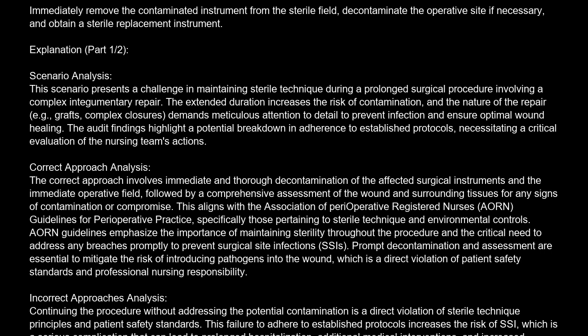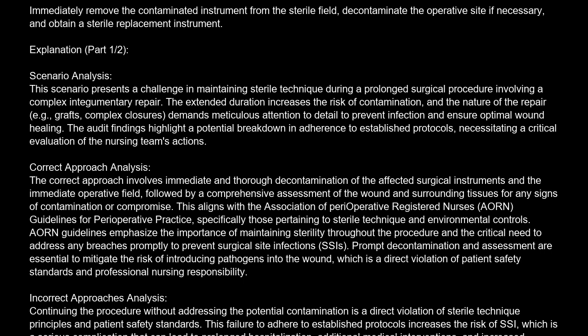The audit findings highlight a potential breakdown in adherence to established protocols, necessitating a critical evaluation of the nursing team's actions. Correct approach analysis. The correct approach involves immediate and thorough decontamination of the affected surgical instruments and the immediate operative field, followed by a comprehensive assessment of the wound and surrounding tissues for any signs of contamination or compromise.